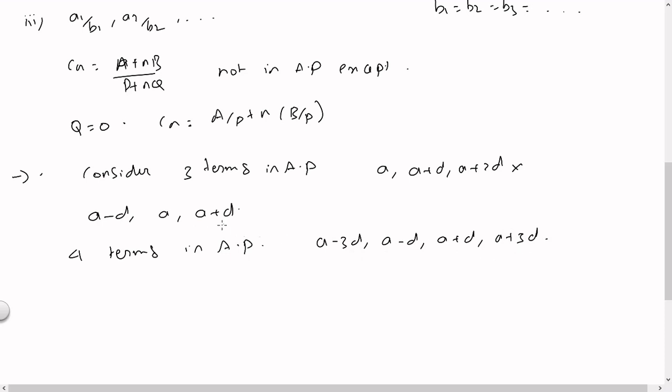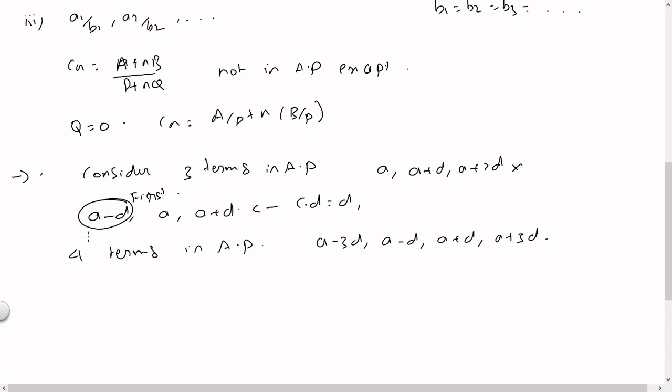Now, when you are assuming terms like this, you have to be a little cautious. In the first case the common difference is d, but what is the first term? a minus d is the first term. In many questions they will ask you to determine the first term, and when you take the terms as a minus d, a, a plus d, you will determine a and immediately consider that as the first term. Many times that kind of mistake is made by students.